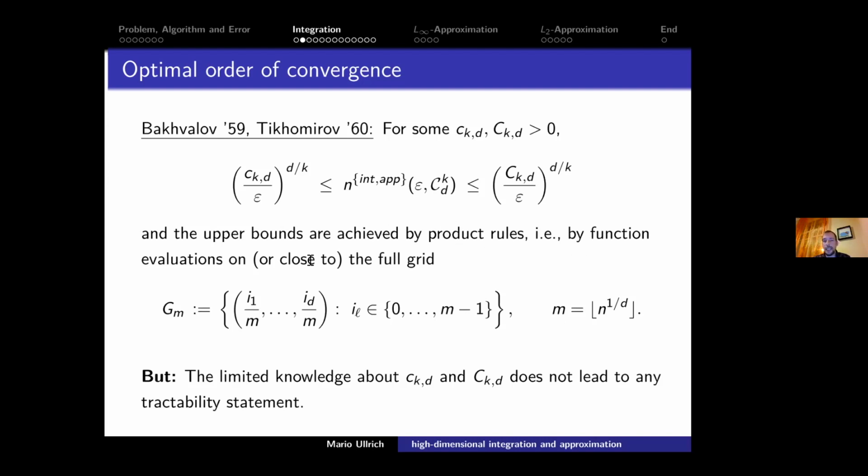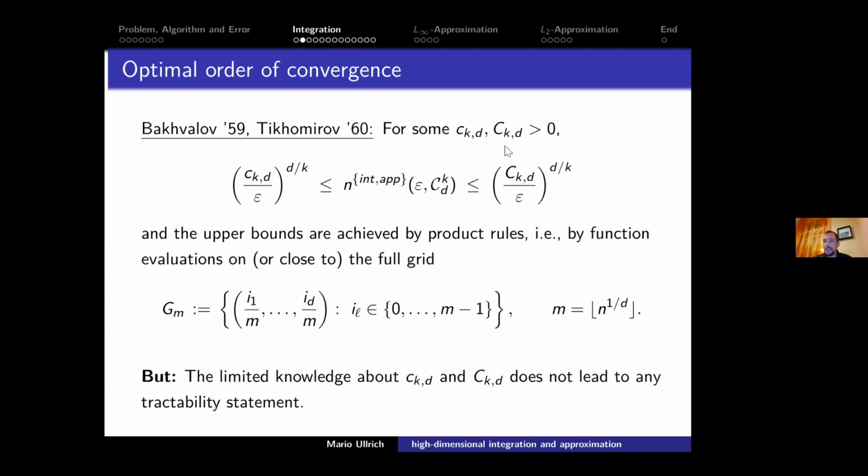So we just take function evaluations on the full grid, in d dimensions again. But the problem was, for several years, that these constants were not quite well understood. The behavior in the dimension was decreasing with d in the lower bound and super exponentially large in d in the upper bound.